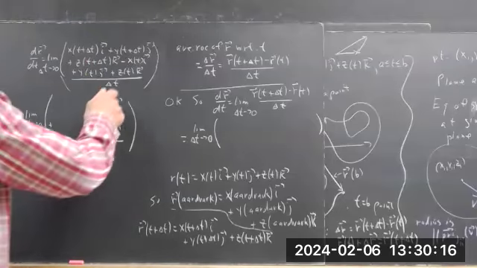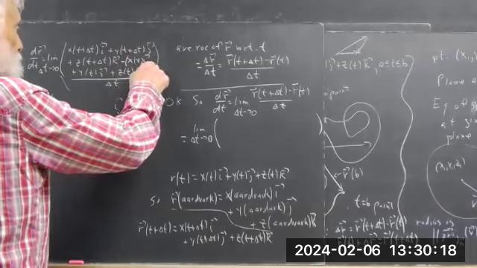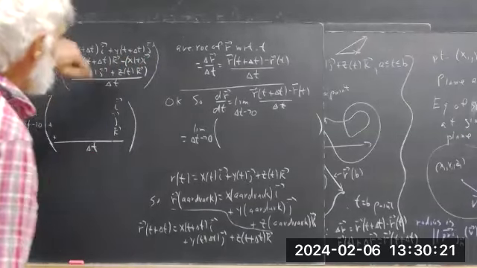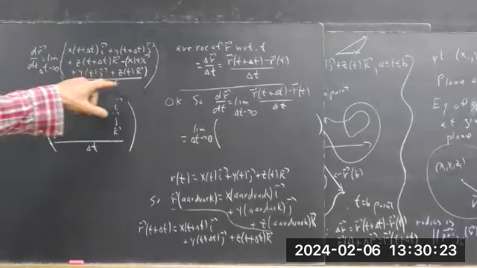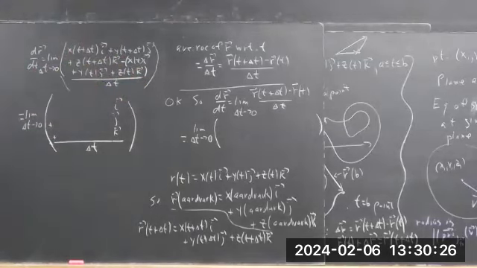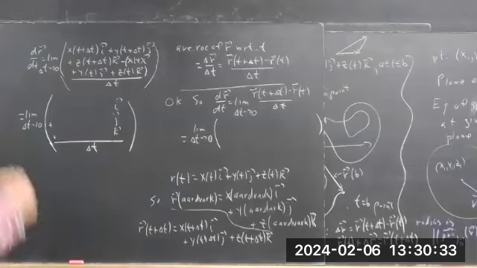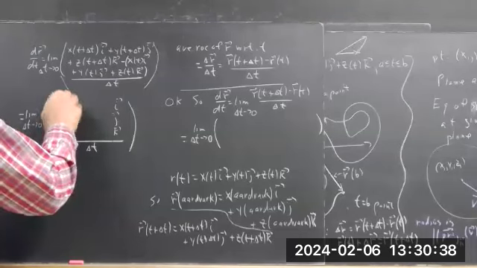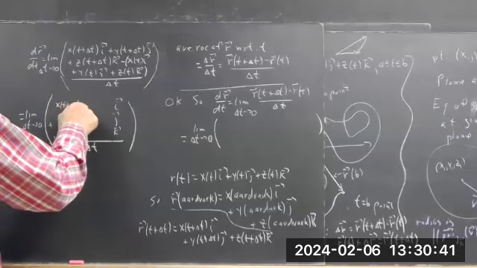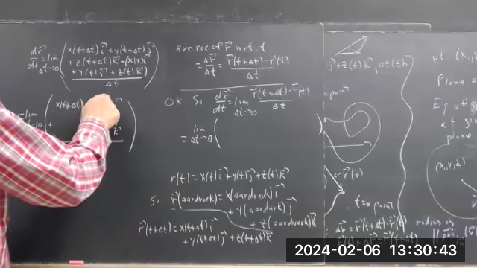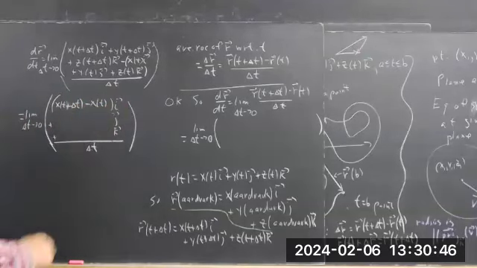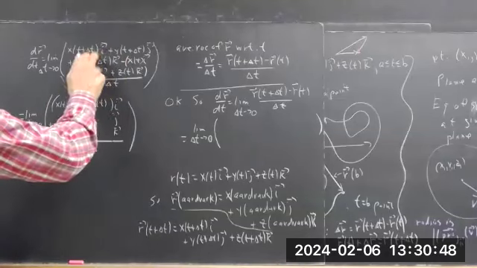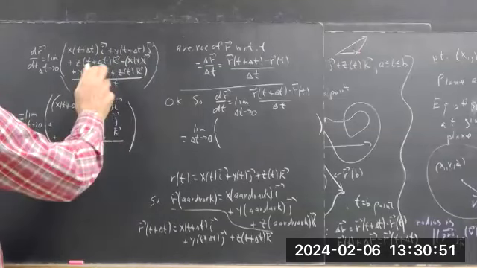Oh, you know what I did here? I did something pretty terrible. I didn't put parentheses around R of t, okay? So you're making mistakes, well, just watching it. Now, what we then do is we can write this as x of t plus delta t minus x of t, I. Here's an I, here's a j and here's a j.